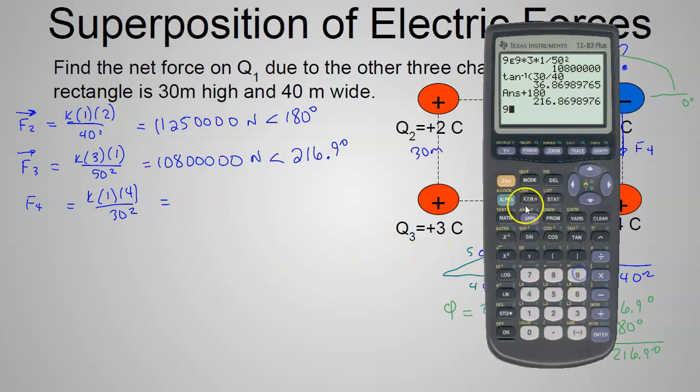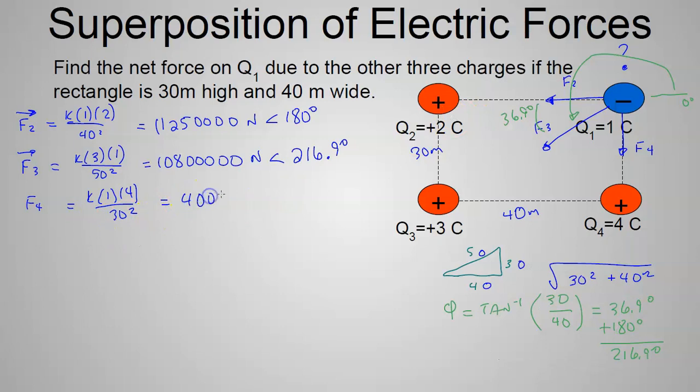So I'd have 9E9, whoops, times 1 times 4 divided by 30 squared is a bunch of zeros and a 4. 1, 2, 3, 4, 5, 6, 7 zeros with a 4 marching out in front. Something like that. The attractive force of this positive charge on that negative charge is going to pull it straight down, so we would call that 270 degrees.